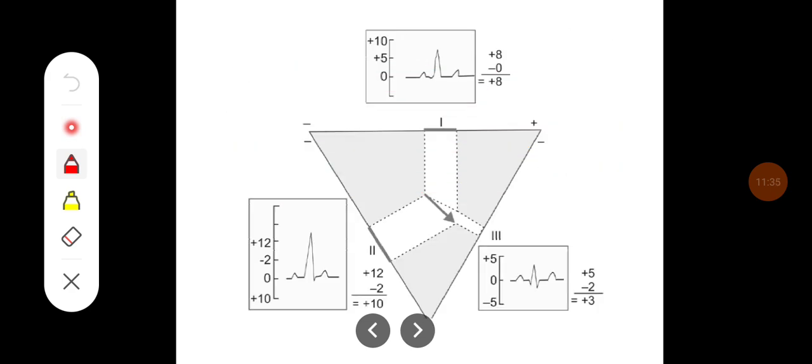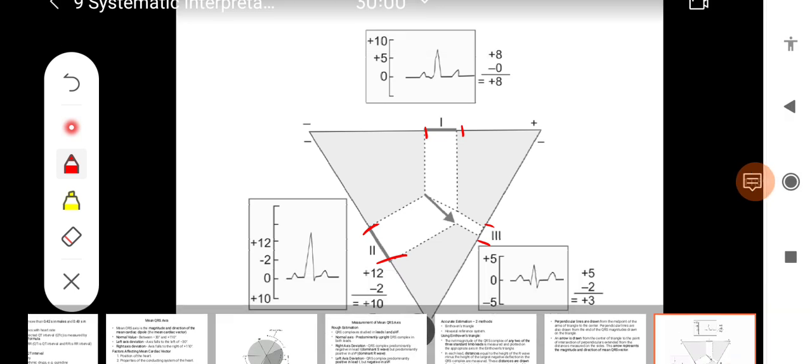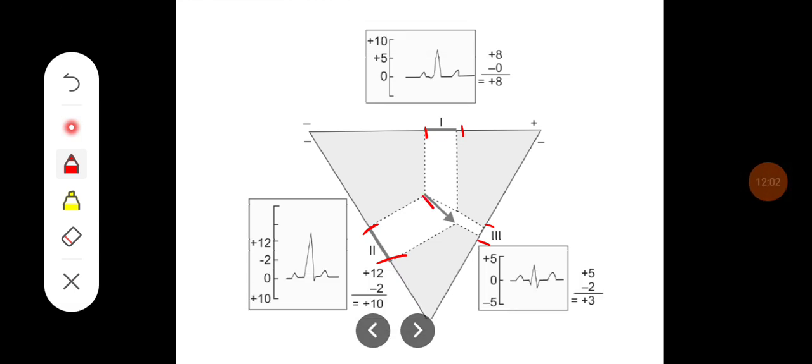Okay, so these are the points drawn from the midline of the limb, and they intersect at this particular point, with the cardiac vectors of lead 1, lead 2 and lead 3. The axis is drawn from this point to this point. So this will be the mean cardiac axis.